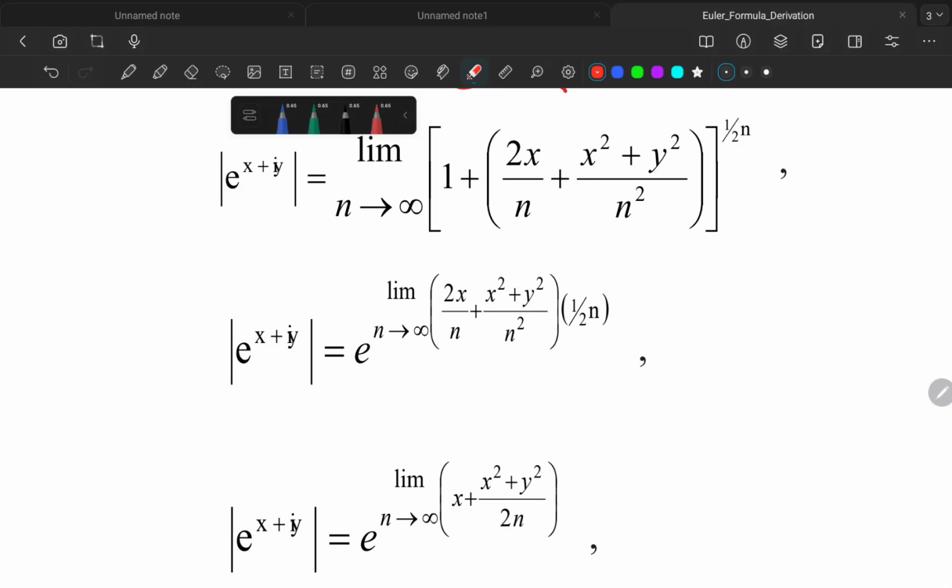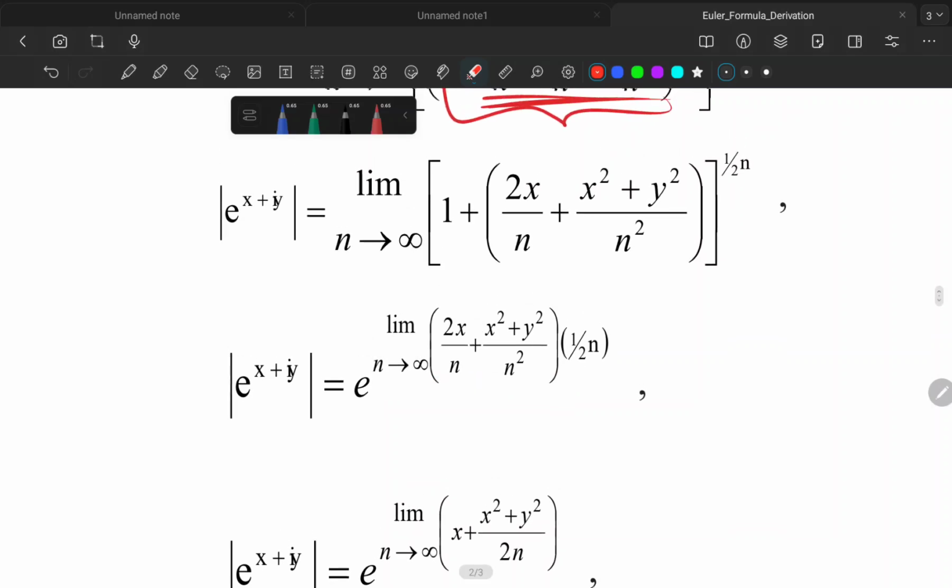Okay, so what he did is e to the this thing. Wait a second, guys, I have to deal with this. How did he do that? x squared plus y squared over n squared, that's good.